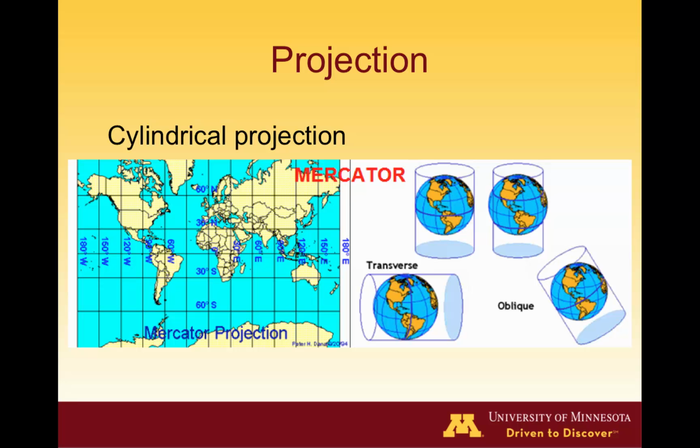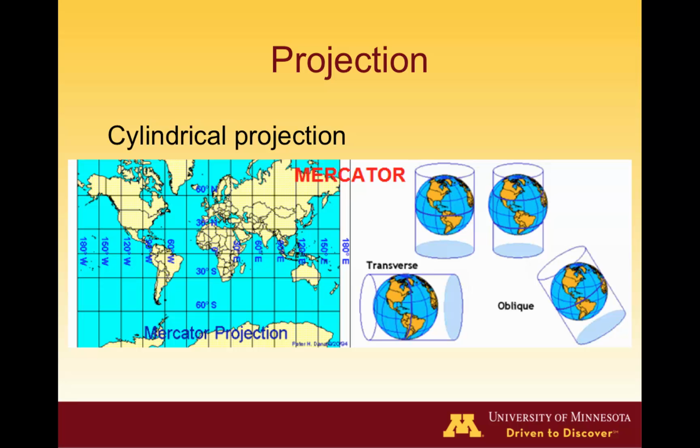The cylinder can be parallel with the polar axis, the line connecting the two poles, or it can be orthogonal or perpendicular to the two poles, which is the transverse version. And also it can be in any direction due to the user's requirement.